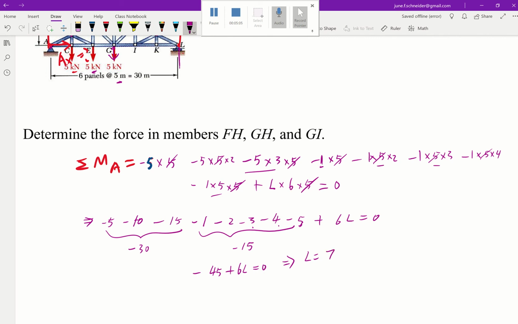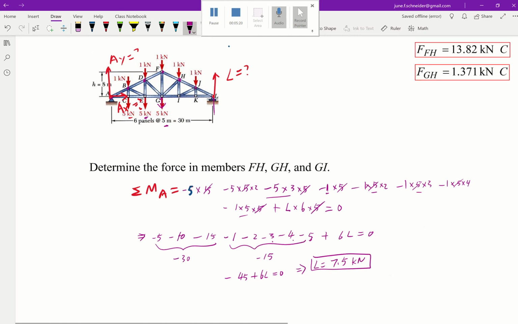So L is 7.5 kilonewton. I surely hope this is correct because my second step is dependent on the correct answer. All right, so that's going to be L.